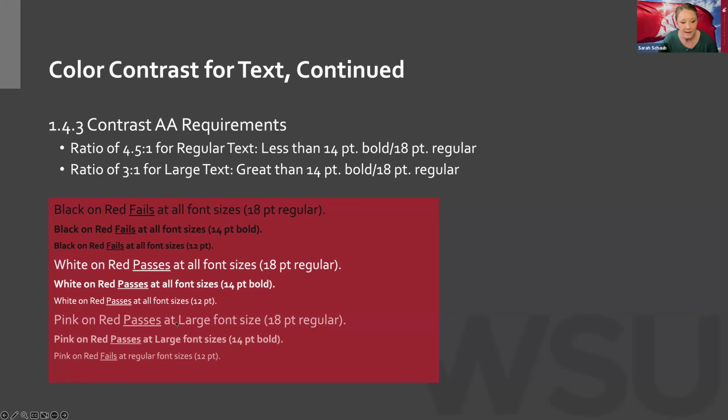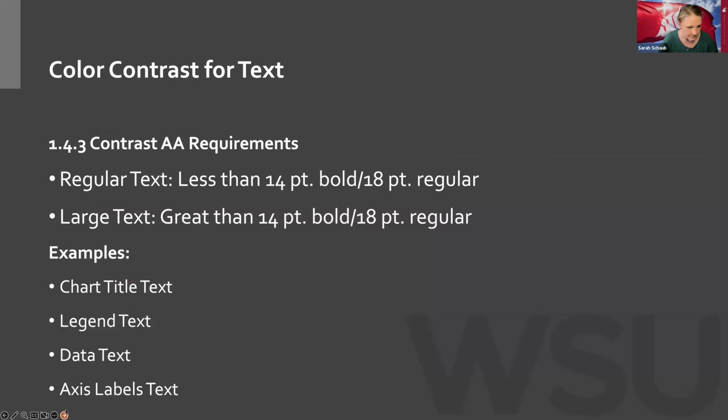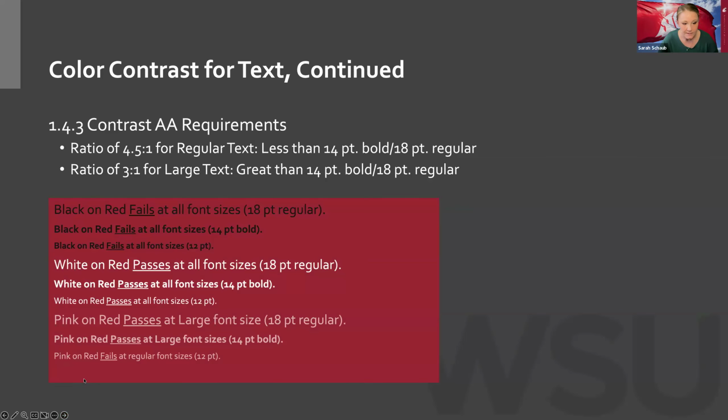And pink on red passes at the large font size of 18-point font regular. And it also passes at the large font size of 14-point bold, but it fails at the smaller sizes. And I'll show you how this color contrast analyzer tool works here in a little bit and how you can easily check that for these different font sizes.